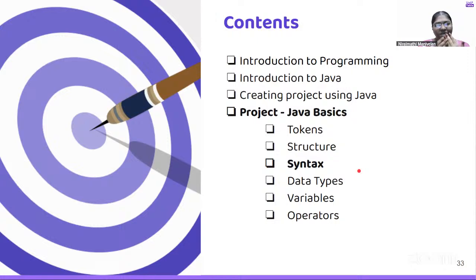In English, if we speak, we need to follow grammatical rules. Without grammar, your English will not be proper. Just like that, for every program, we have a syntax that we need to follow. Then only our code will be proper.